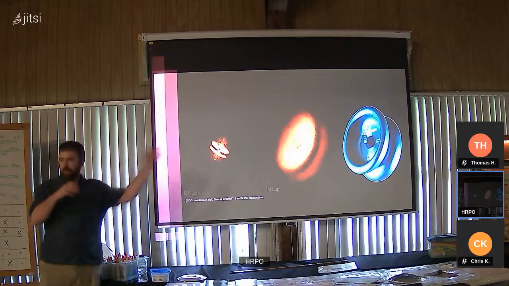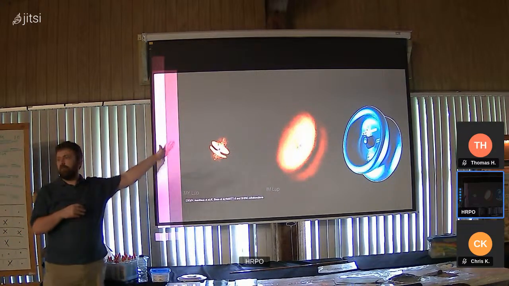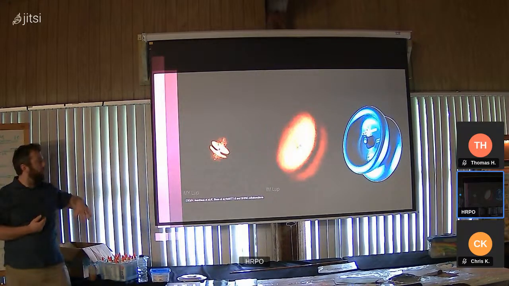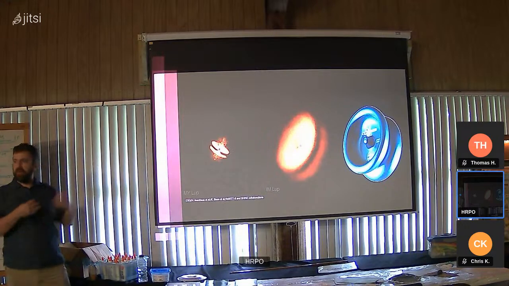The stuff that stays around longest is the dust, which is heavier than the gas. And so you get a dusty disk for a while. I think that's about 50 million years, but eventually that dust will also get blown away by radiation pressure.